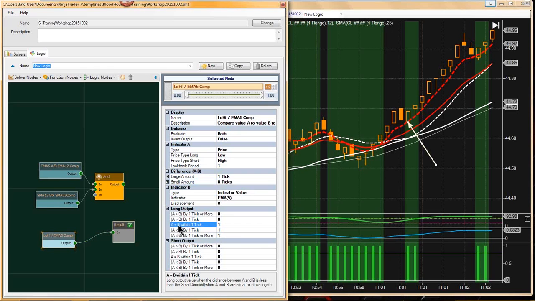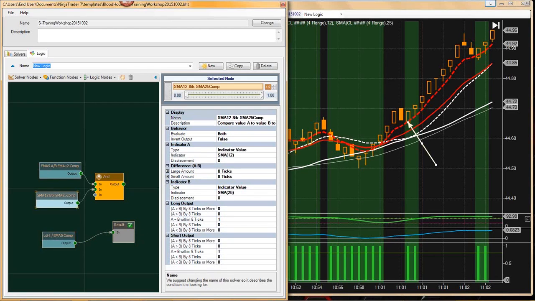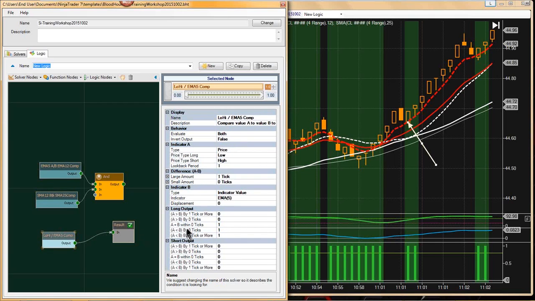So we have A equals B, and it says within 1 tick right now, and that's because this didn't update. So let me click on another solver, and then click back to get it to update. There we go. We have A equals B within 0 ticks. The 0 ticks comes from the small amount. So if A actually equals B, in other words, if the low price actually equals the EMA, then we want a long signal.